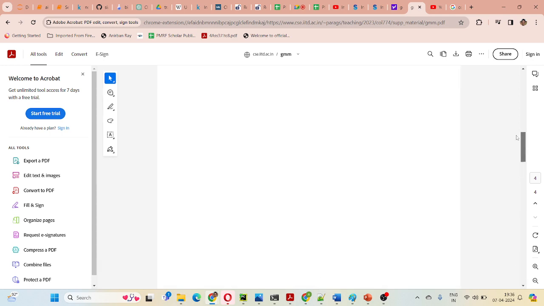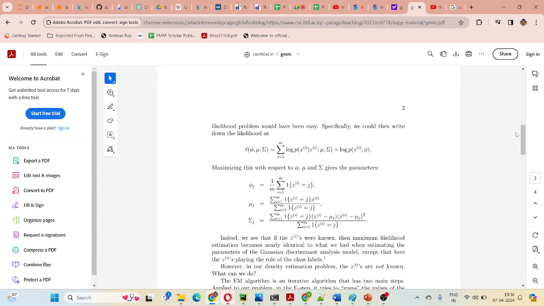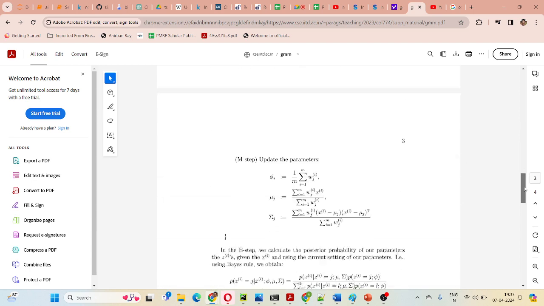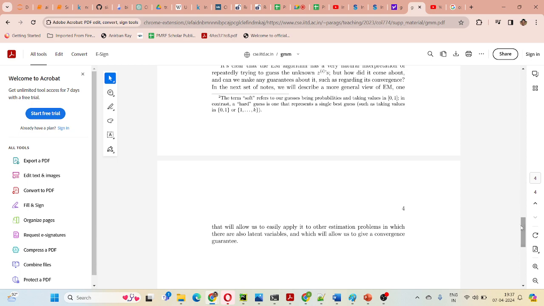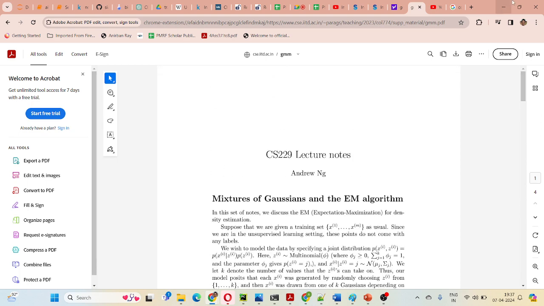You can keep repeating to get the converged parameters. Phi j is the parameter of this zi, some distribution. We have to consider some distribution here as well, otherwise we cannot do it. Mostly they consider Gaussian as well. This is the Gaussian mixture model.